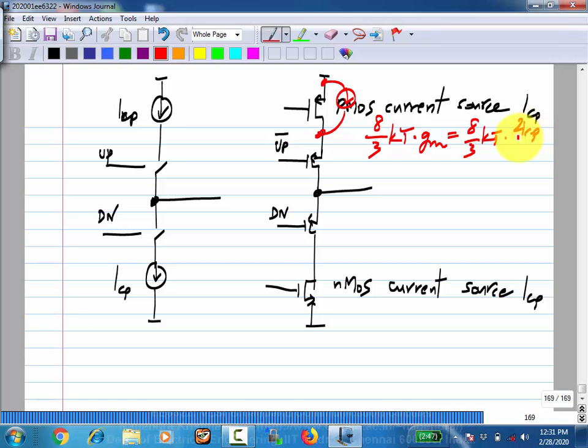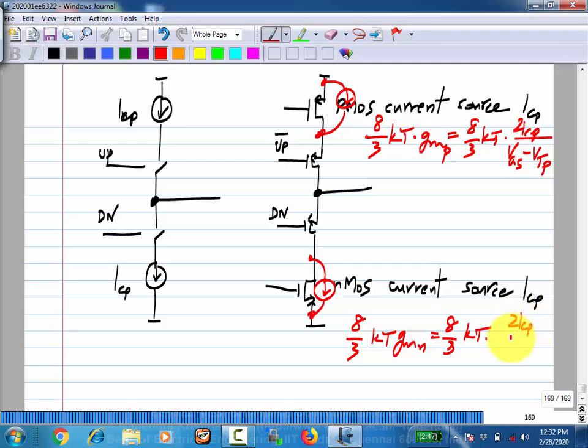It is 2 ICP by the overdrive that you have chosen. Okay. Similarly, this will be GMP, right? So it depends on what overdrive you have chosen for the PMOS. Similarly, you will have noise of the NMOS transistor, whose thermal noise spectral density from the basic long channel equation is 1/8 kT GMN, which is 1/8 kT times twice the charge pump current divided by that. Okay.